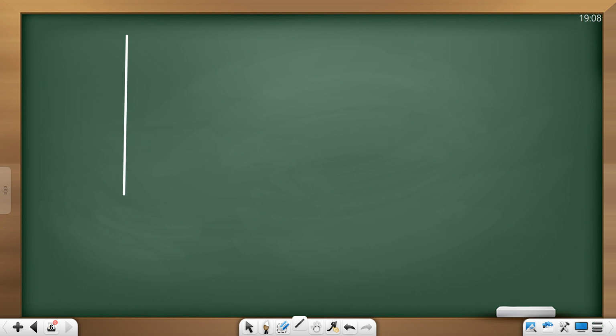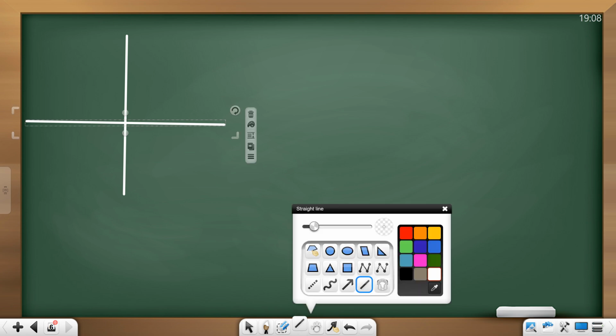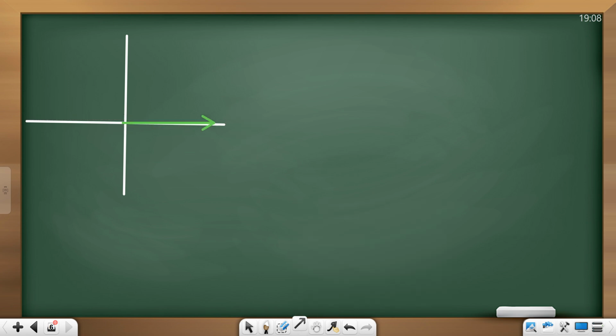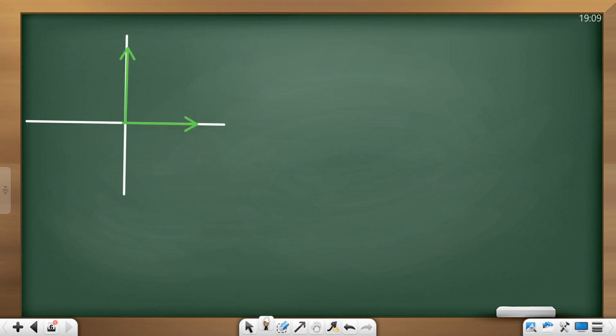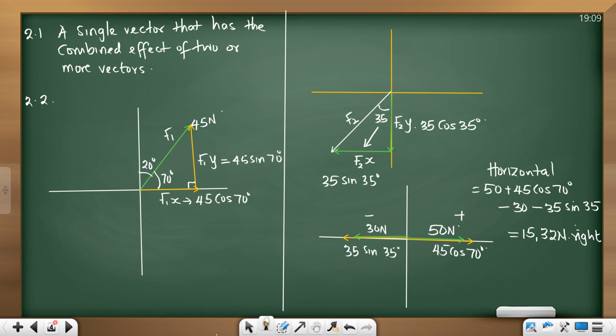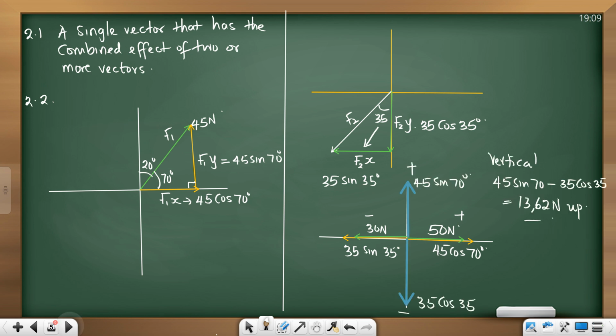Question is finished. We have one force to the right and one force going upward. The one going upward was 13,62, and the one going to the right was 15,32.